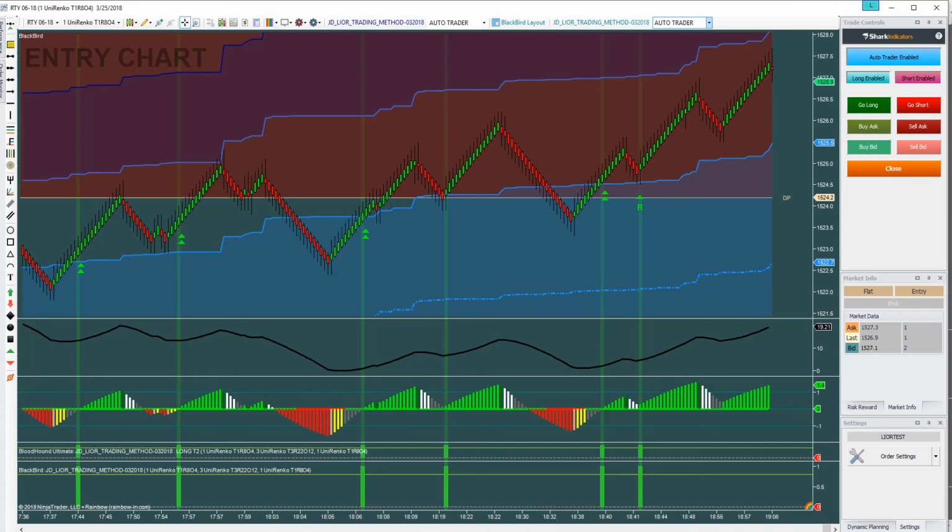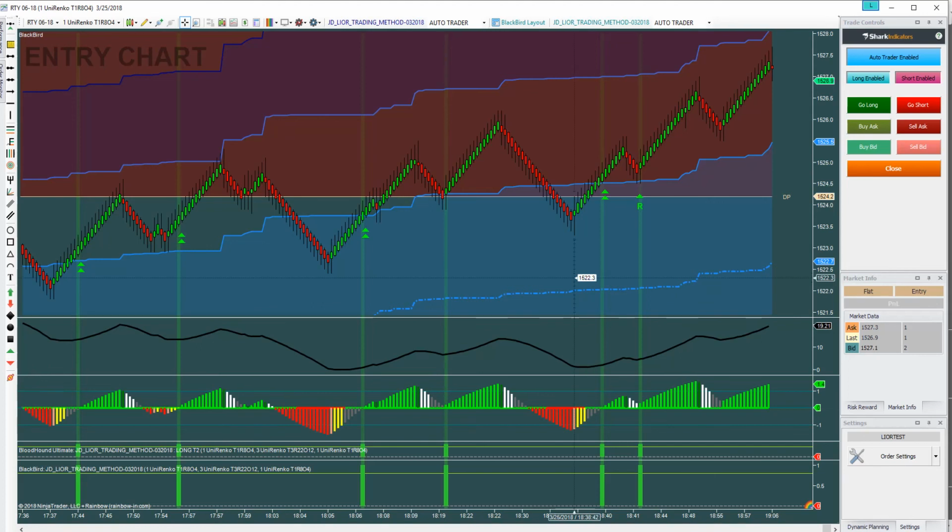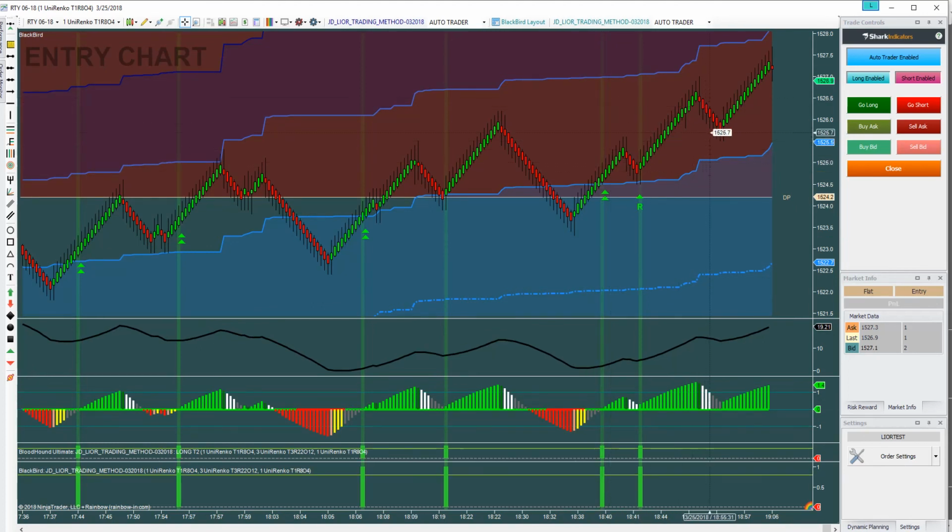It didn't take any because I didn't enable the Blackbird, but as you can see, this one went pretty good, and we are taking into account that the VWAP is positive, and we are going there.